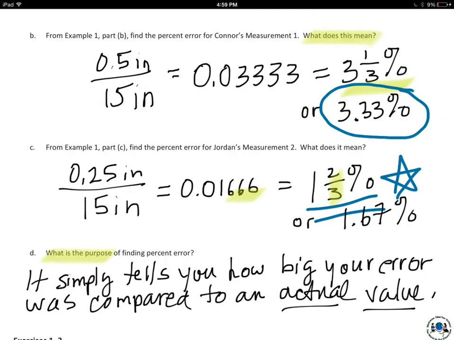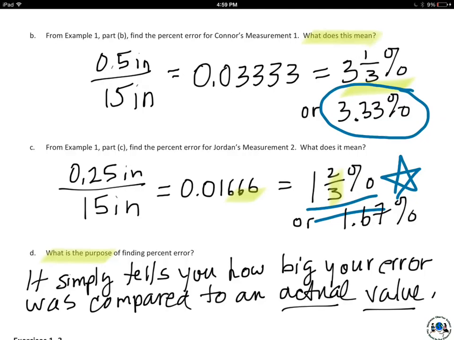For example, an error of 1 centimeter is very large if you are a heart surgeon. But maybe not such a big deal if you're measuring out the course of a marathon, which is 26.2 miles long. If you're off by an inch, that is very minor.